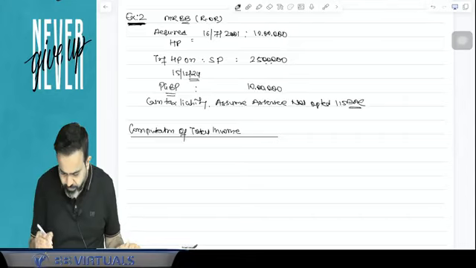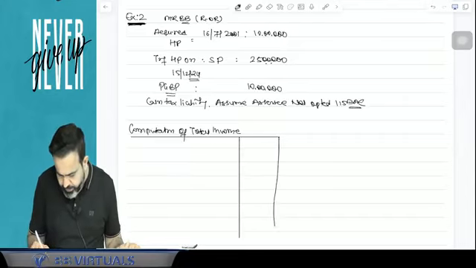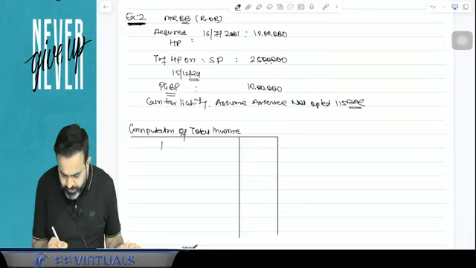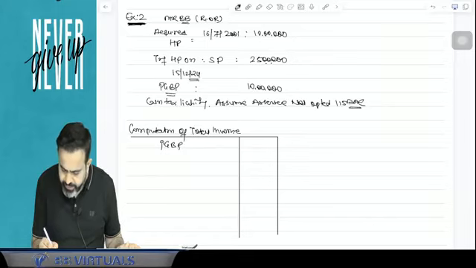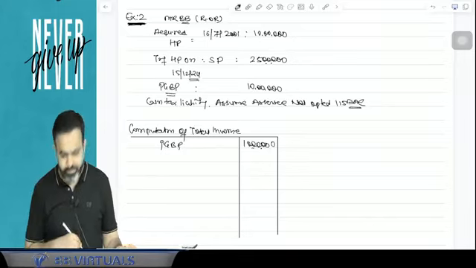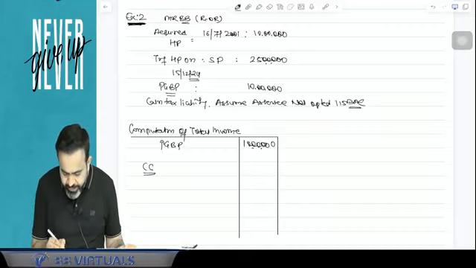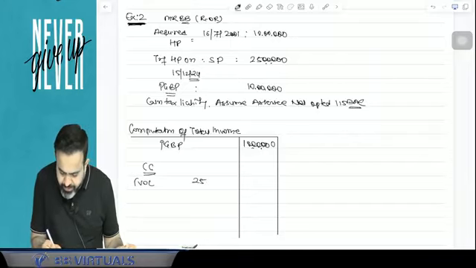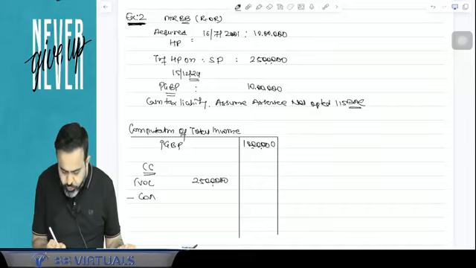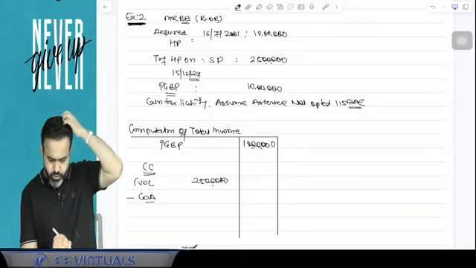For computation of total income, I will take the PGBP income of 10 lakh as it is. Now capital gain: your full value of consideration is 25 lakh, minus cost of acquisition, indexation is not available.